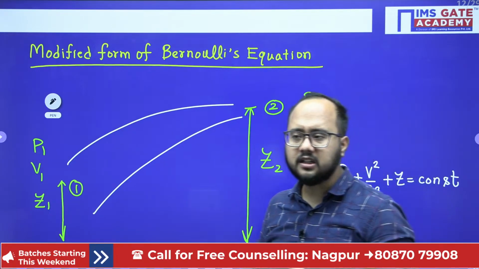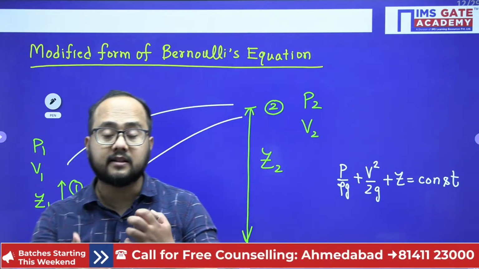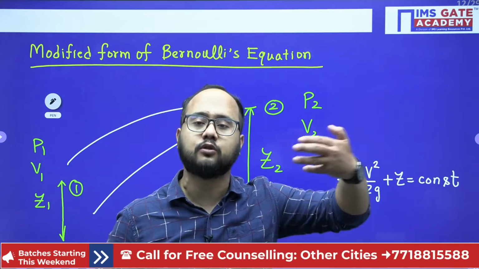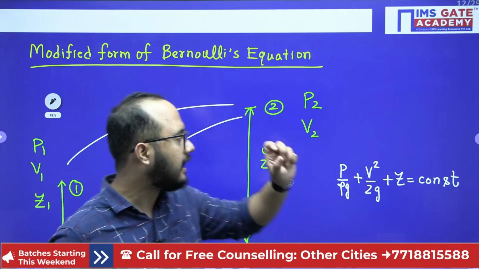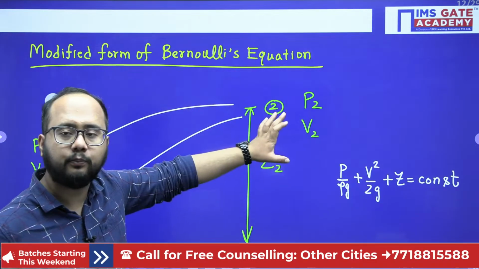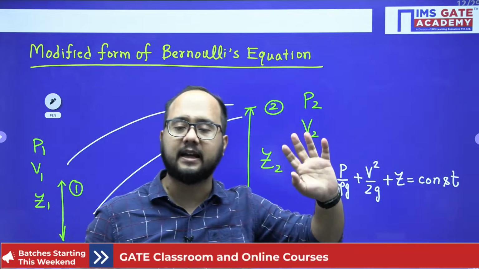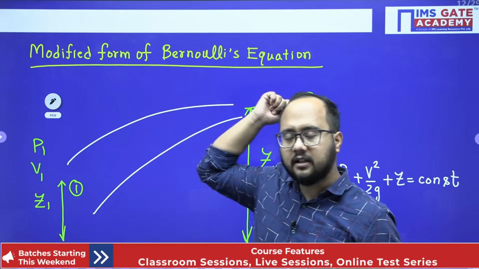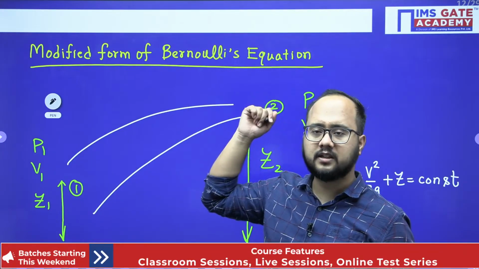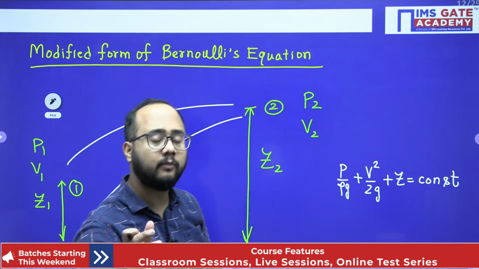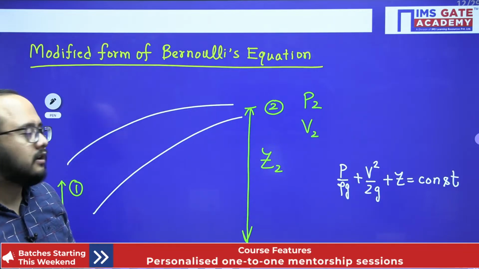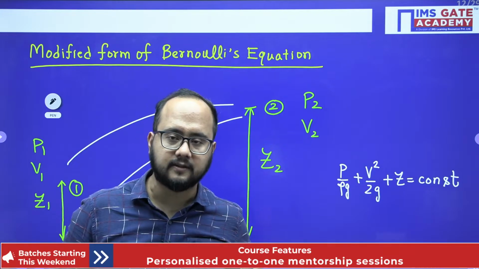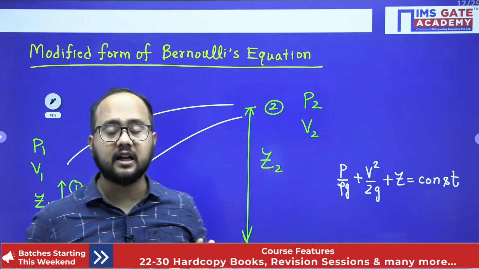There will be some resistance to flow, so some amount of energy will be utilized to overcome that resistance. So the energy at location 2 will not be the same as at location 1. It may have some value, say 80, assuming 20 units of energy loss. Whatever the difference of energies, that value represents the energy losses.